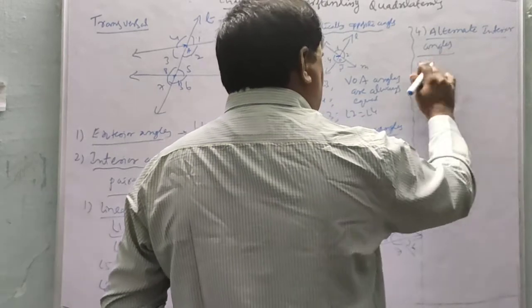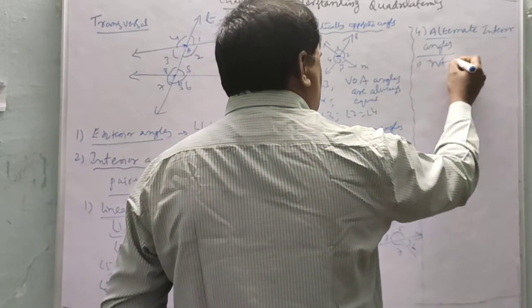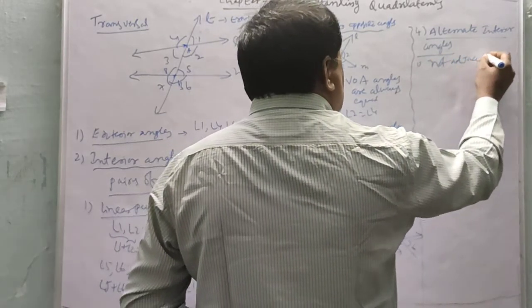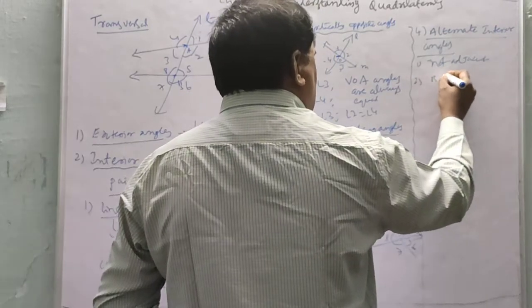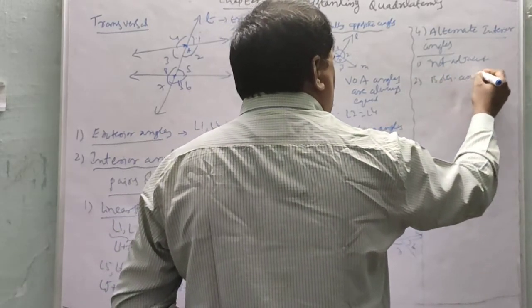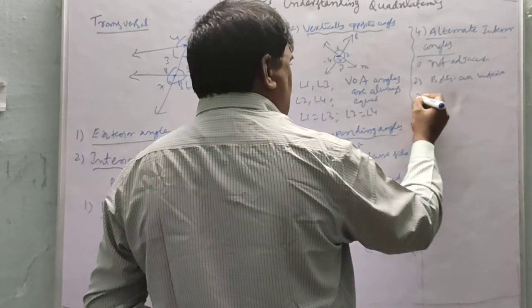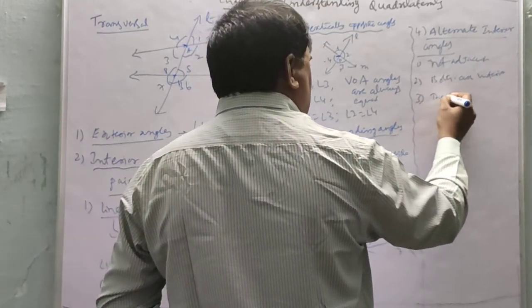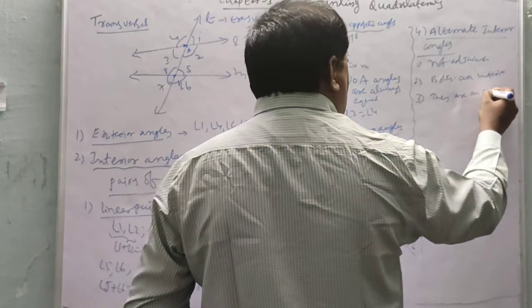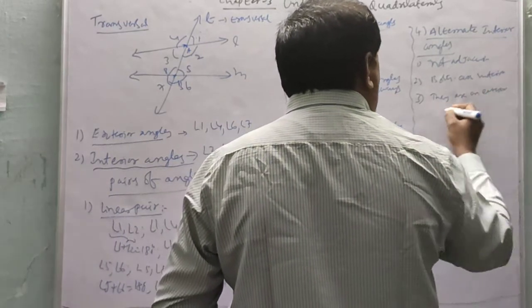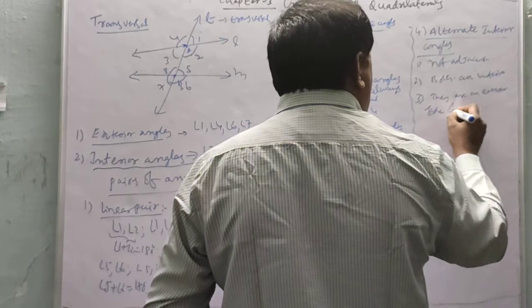First condition, they are not adjacent. Second, both are interior. So whatever angles we are taking, the two must be interior. And third, they are on either side of the transversal.